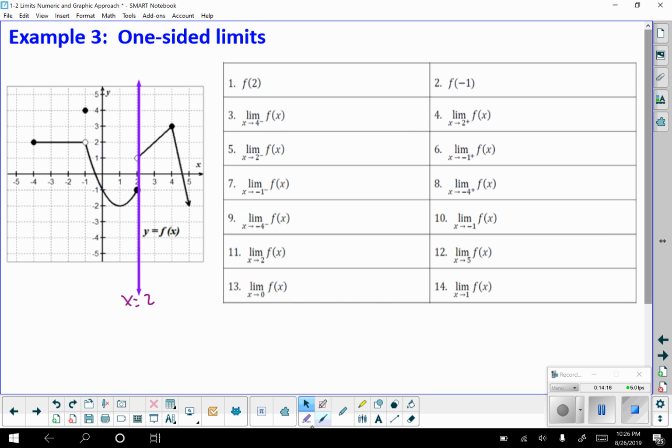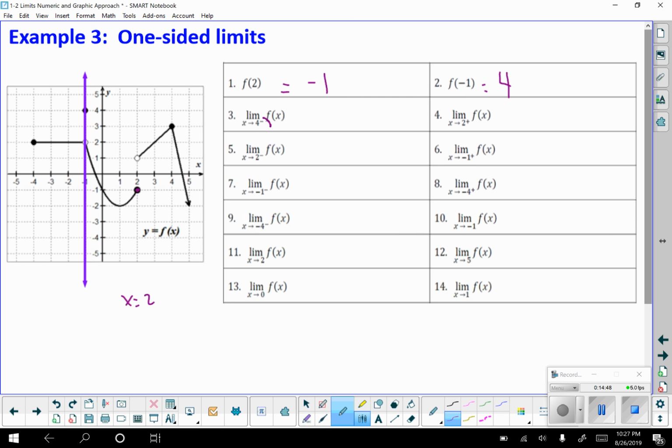That's going to be the solid dot. So for this one, the answer is -1, the height of that solid dot. When I look at f of -1, I can move my purple line over here and look for where that function is defined when x is -1. Well, that value is 4. So 4 is my answer on that one.